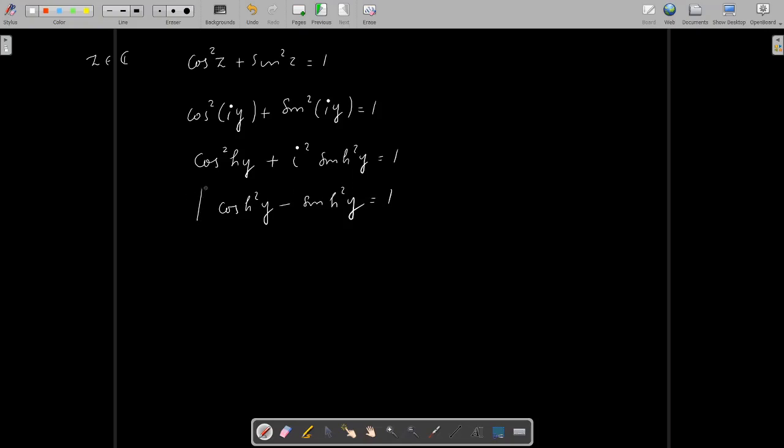This is analogous to the formula cos square z plus sine square z equals 1. Similarly, you can find other formulas for the hyperbolic functions by replacing cosh y as cos iy and i times sinh y as sin iy.